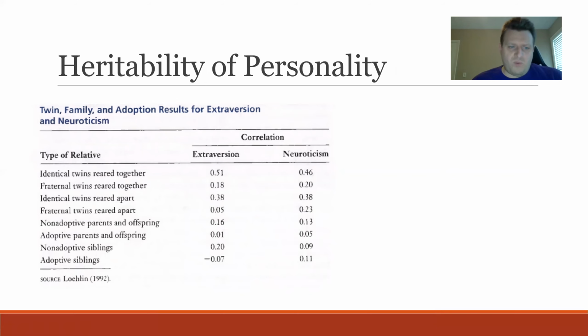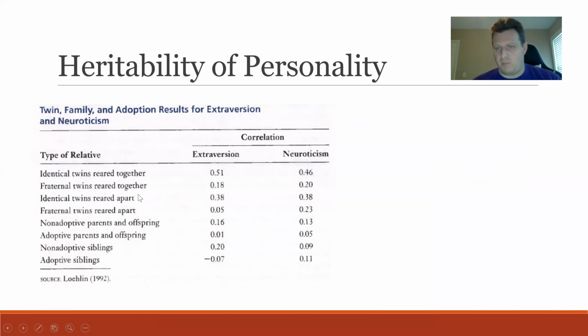So here we're looking at a study by Loehlin in 1992, and we can look at just the Pearson correlation coefficients here for extroversion and neuroticism. And we're looking at identical twins reared together versus fraternal twins reared together. And any differences in these correlations has to be due to genetics. Okay, identical versus fraternal.